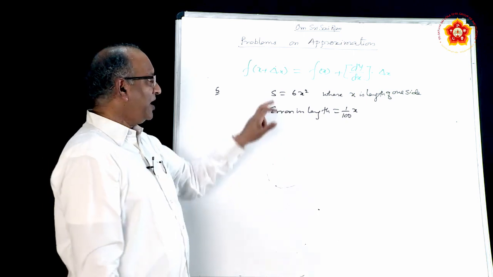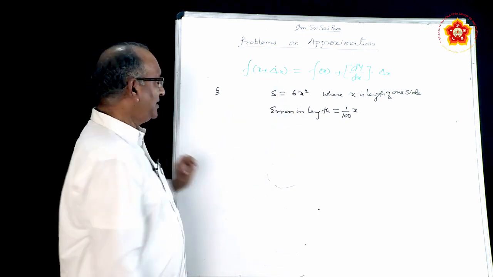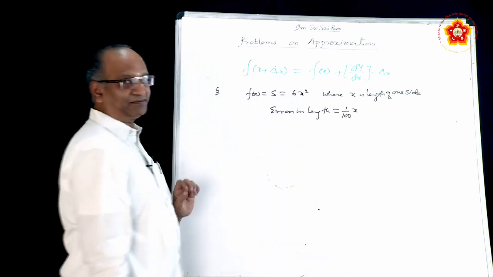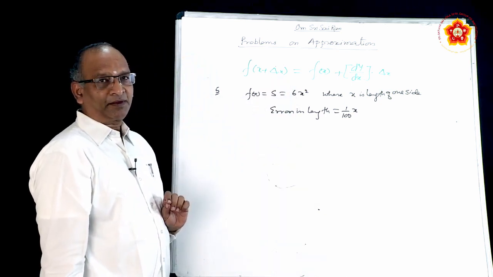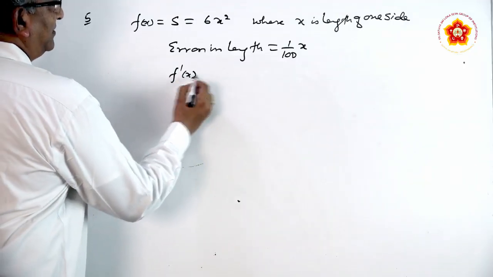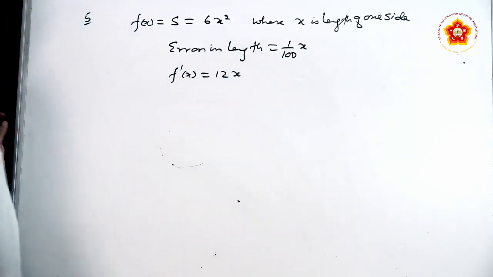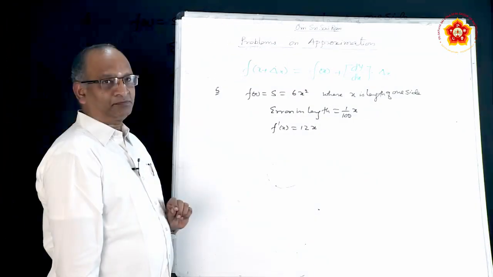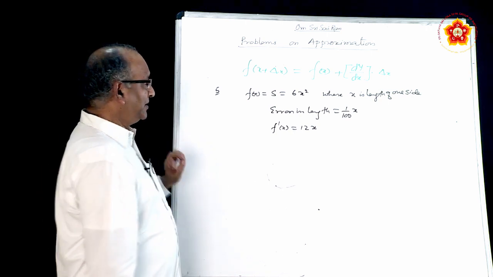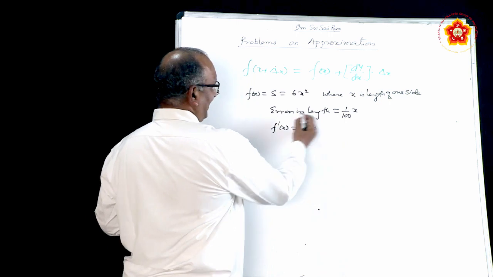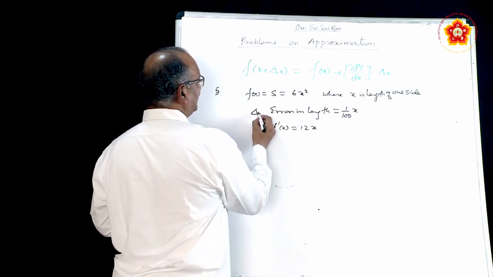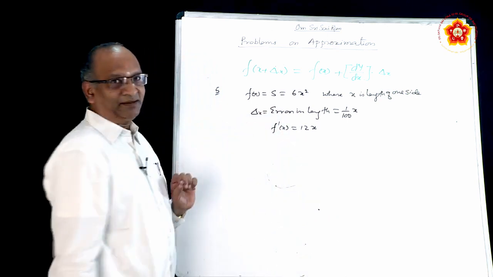So, the function is what? S equal to 6x squared. This S is nothing but f(x). Can we find out f dash x? Yes. What is f dash x? 12x. What is it that we want to find out? The error in the length can be taken as delta x. Why?